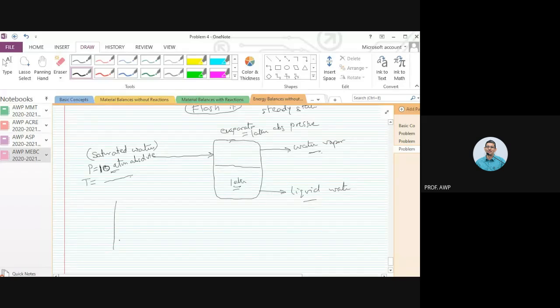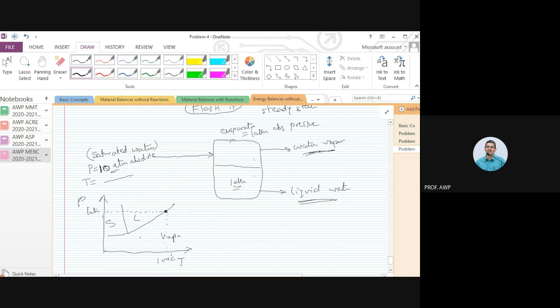Do you recall our phase diagram for water? If pressure is 1 atmosphere, there can be only one temperature where both liquid water and water vapor exist. And that temperature will have to be 100 degrees centigrade. Do you agree with that?